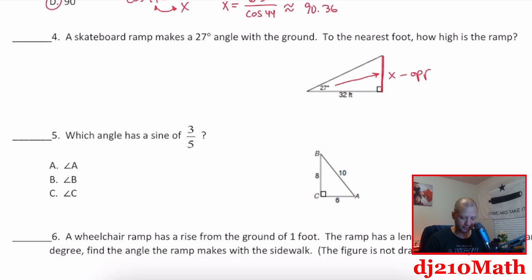The side they gave us is the adjacent. Now, opposite and adjacent, using SOHCAHTOA, this would be tangent. We have to choose the correct one, right? So this is going to be tangent of 27 is equal to opposite over adjacent, x over 32.